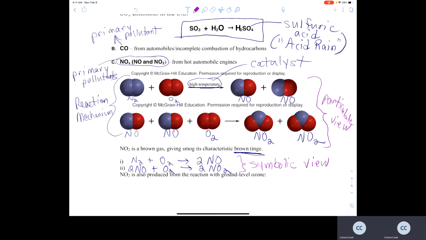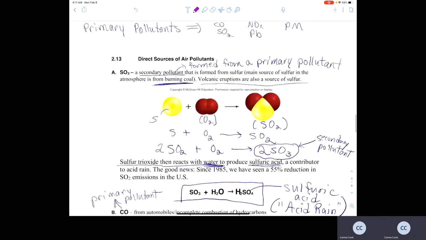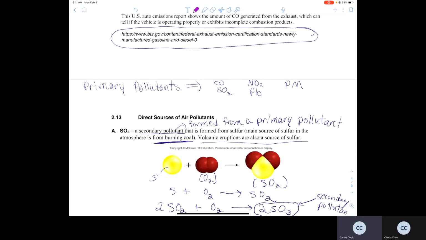Now, NO2 is also produced by another air pollutant, which is a primary pollutant, ozone.